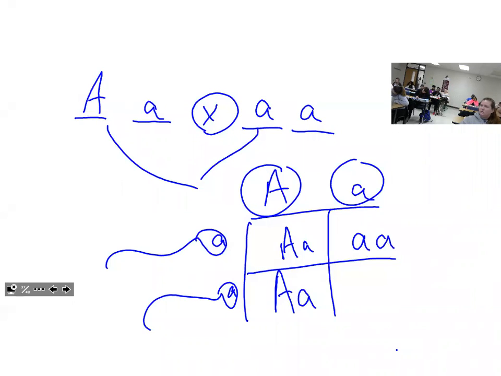So if I had given you this information and told you it was an autosomal recessive disorder. Autosomal meant which chromosomes were involved, 1 through 22, the first through the 22nd pair. And it's a recessive disorder, meaning that they had to be recessive. They had to be homozygous recessive.